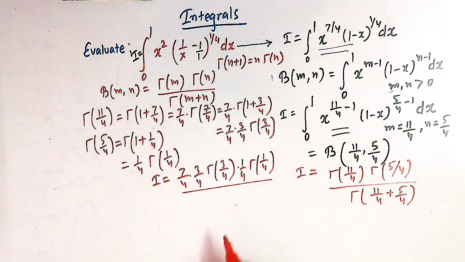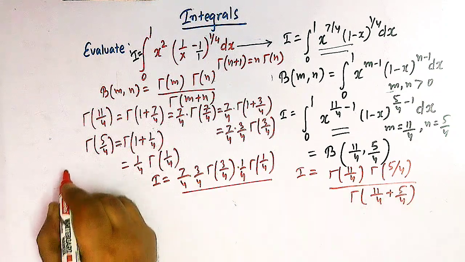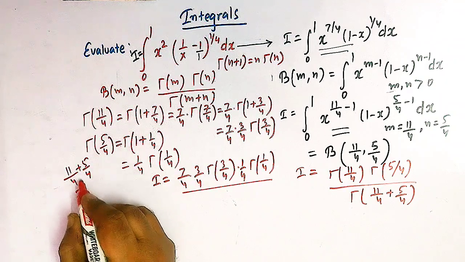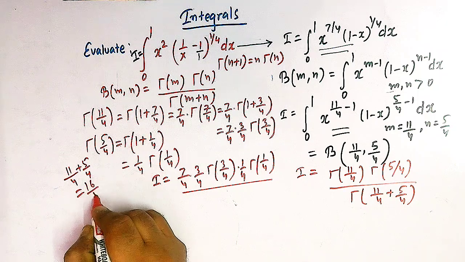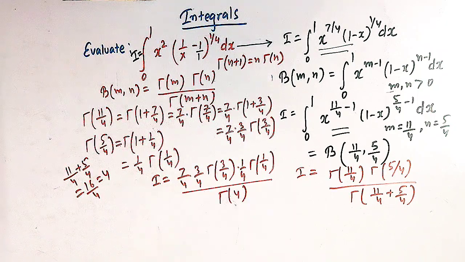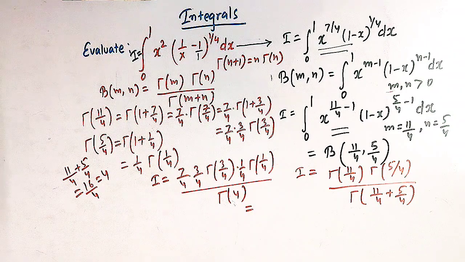And in the denominator, we have gamma of 11 by 4 plus 5 by 4. So 11 by 4 plus 5 by 4 is 16 over 4, that is 4, right? So here we have gamma of 4. So now let us simplify this expression.